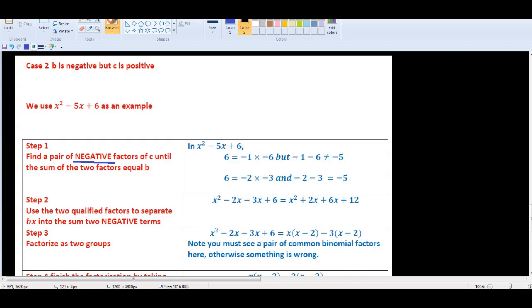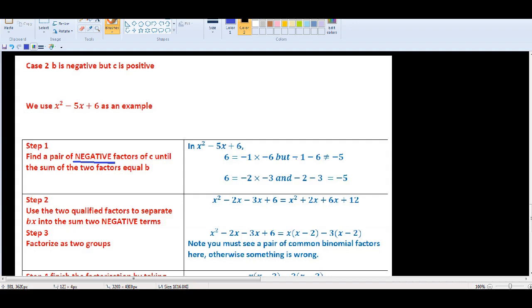So if the middle term is negative, and you need a pair of numbers whose product is 6, then this pair must be negative.